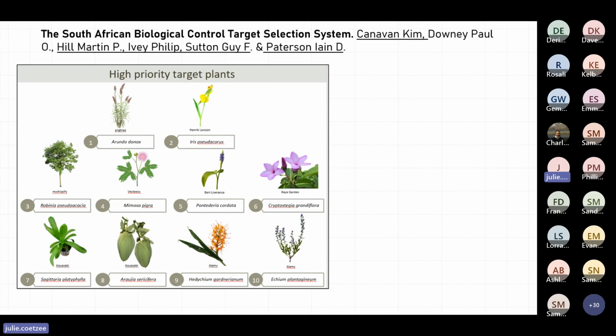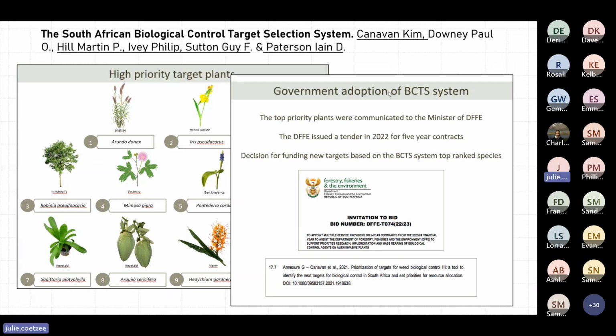And through a series of different matrices and questionnaires, she and her colleagues came up with these high priority target plants. Number one being Spanish reed, and number two being yellow flag iris. And I think probably the most significant thing of this is that the Departments of Forestry, Fisheries, and the Environment were involved with adopting the system because Kim and her colleagues communicated how they reached these top priority plants, what these plants were, what their importance to the government is.